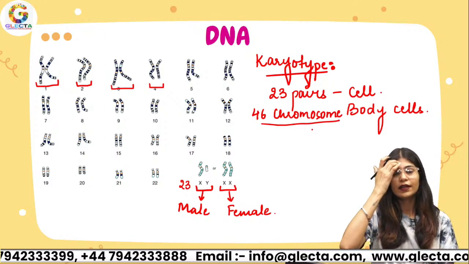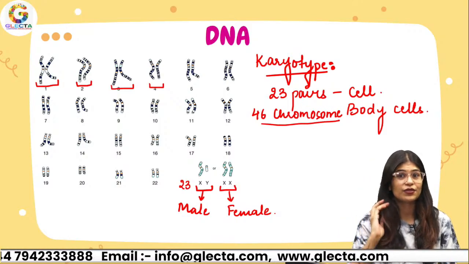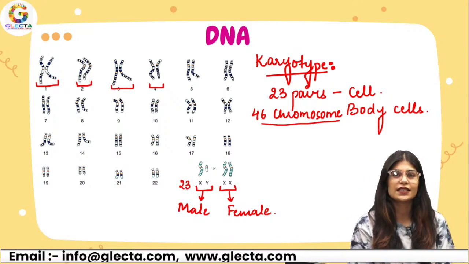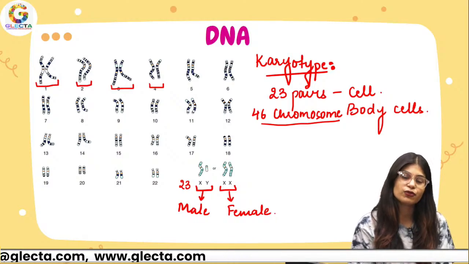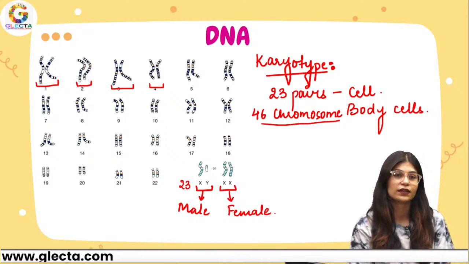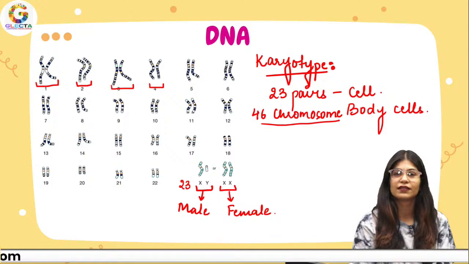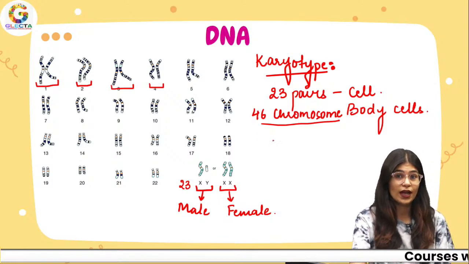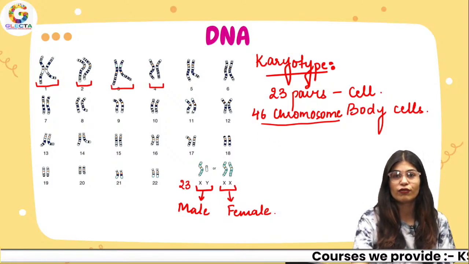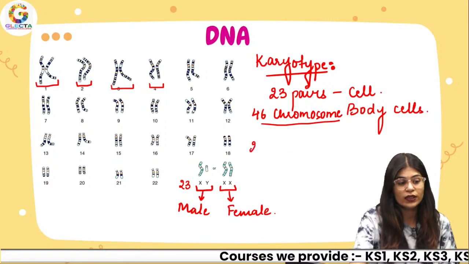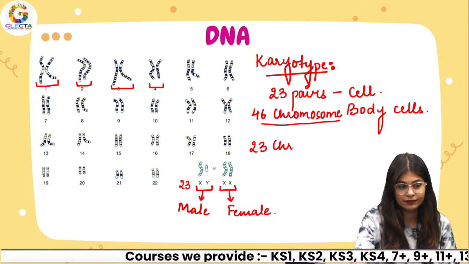Now, there is an exception to this though. There are cells in the body that only have 23 chromosomes. Which one do you think that is? Which cell, instead of having 46 chromosomes, only has 23?